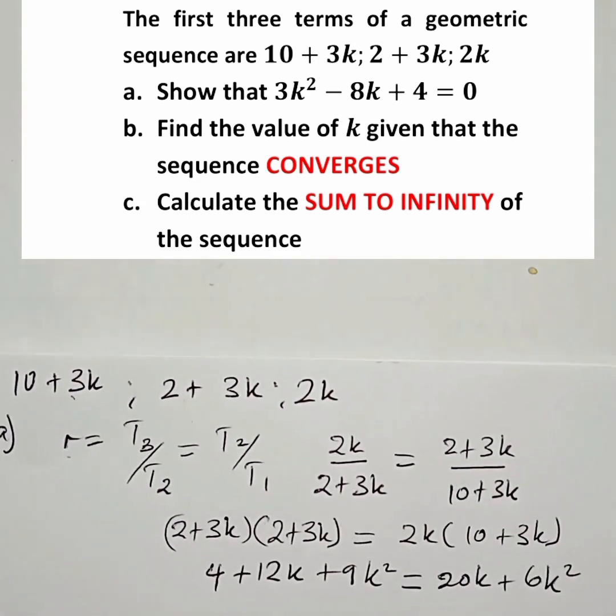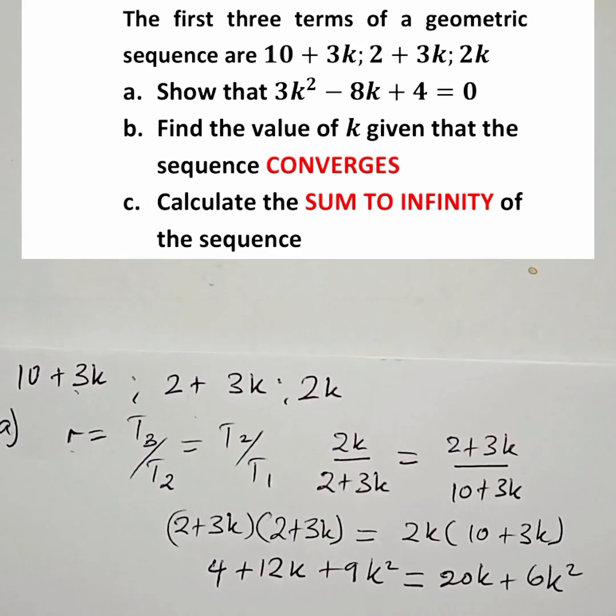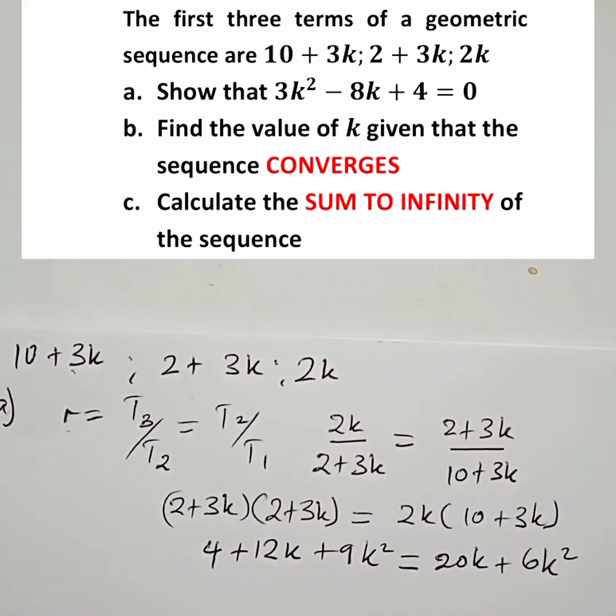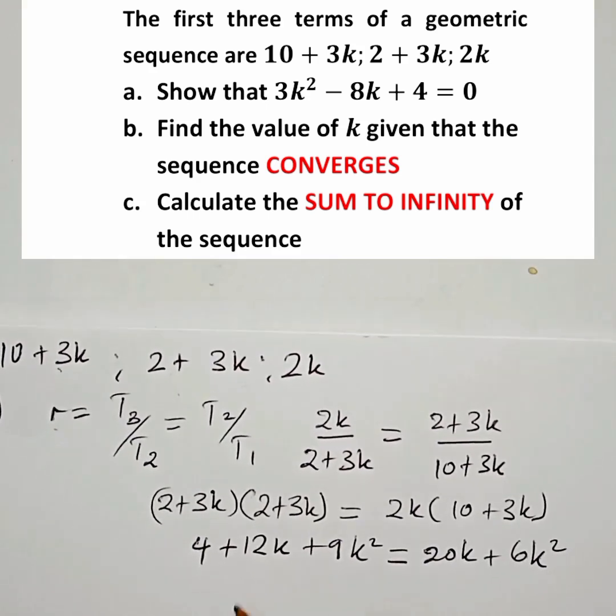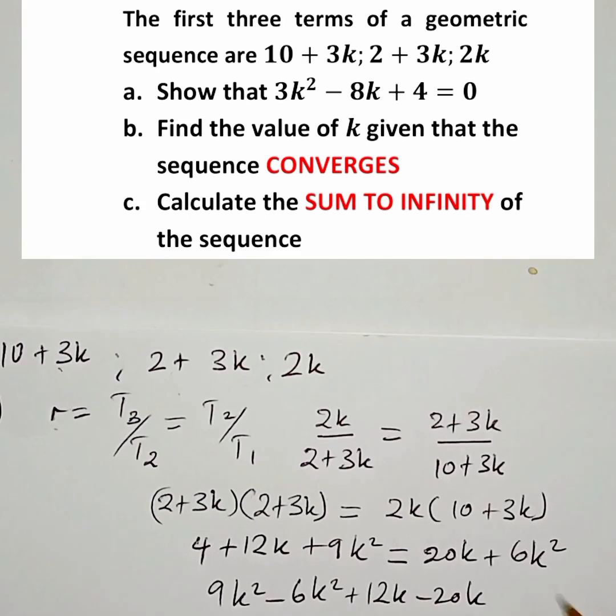Now I need to take everything from the right hand side and take it to the left hand side. We have 9k squared, and I'm grouping the like terms at the same time, minus 6k squared plus 12k minus 20k. You remember, if I take anything to the other side, it changes the sign.